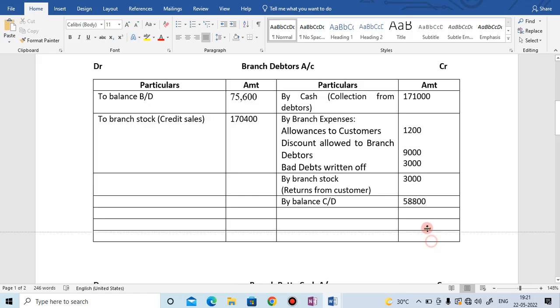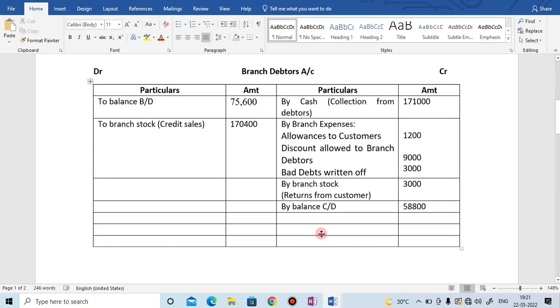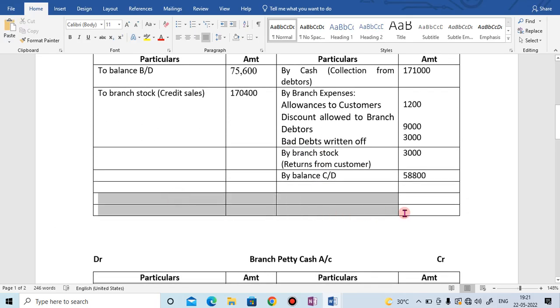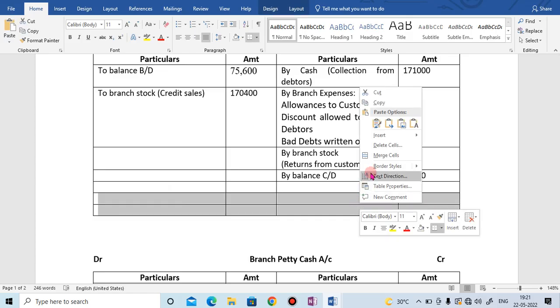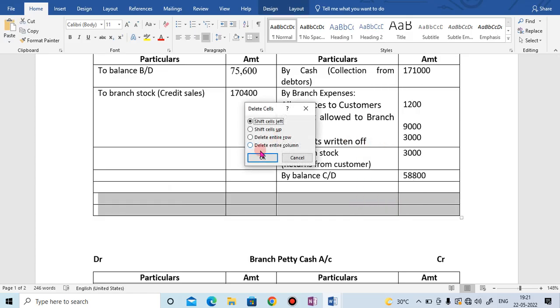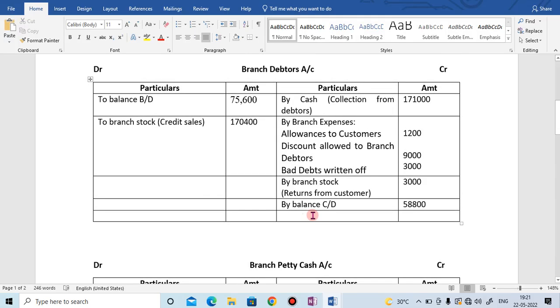Next, close the branch debtors account. Total of the credit side: add all the amounts, 1,71,000 plus 1,200 plus 9,000 plus 3,000 plus 3,000 plus 58,800, we get 2,46,000.